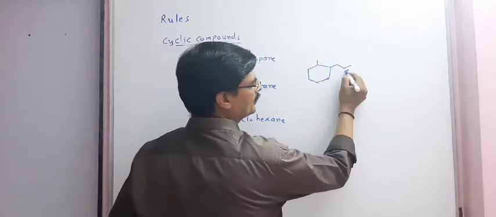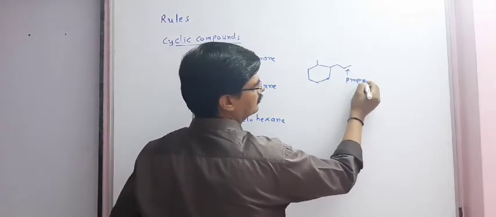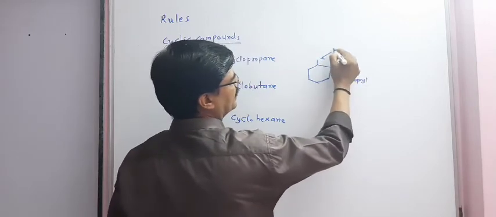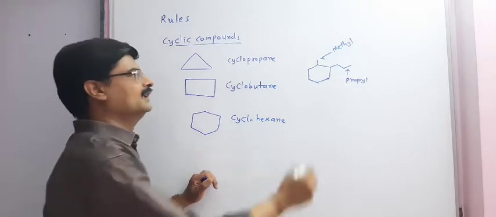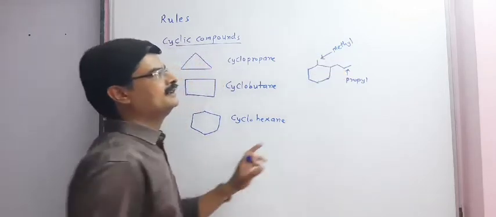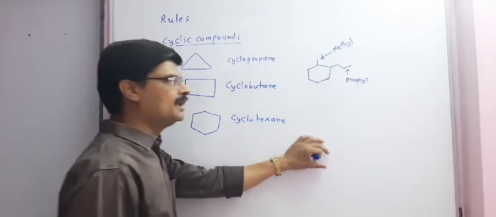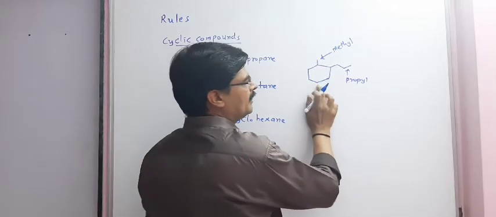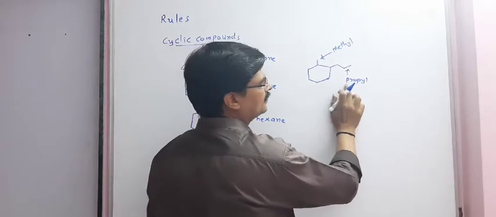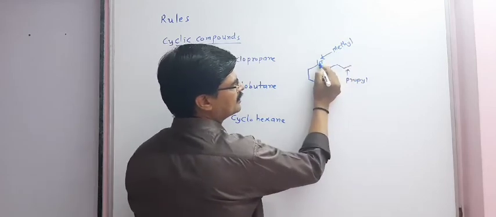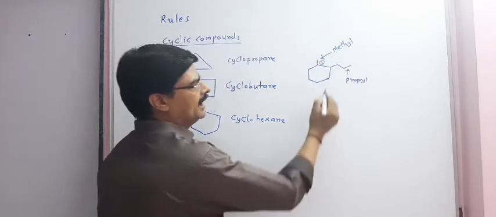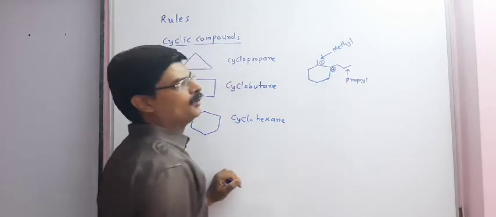This is the propyl group and this is the methyl group. Again, considering the rule of alphabetical order, P comes after M, that is why number 1 position will be to methyl and number 2 position to the propyl group.